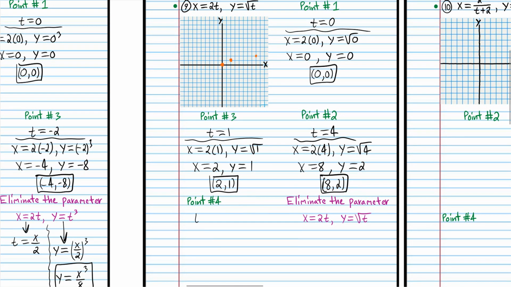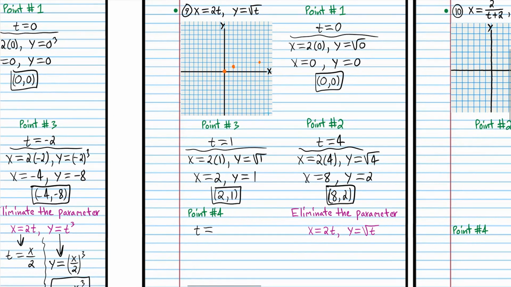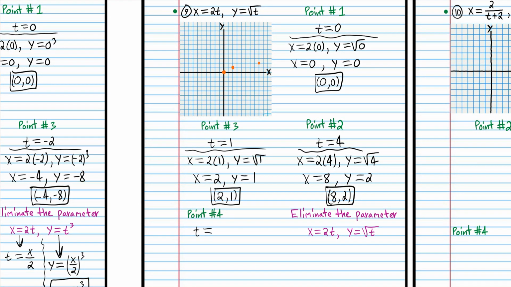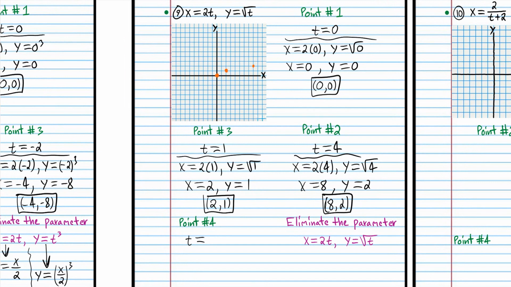And now let's choose, again, we can't choose a negative t value. So this x value represents the smallest value that x can be. So let's see, maybe we can try 1/2 for t. So x is equal to 2 times 1/2. Y is equal to the square root of 1/2.